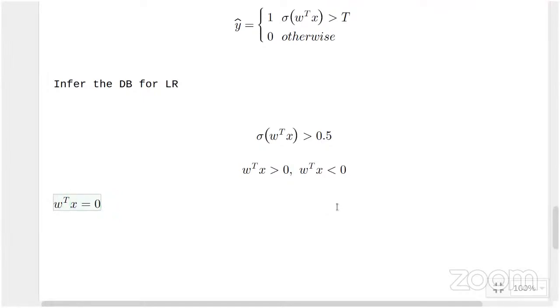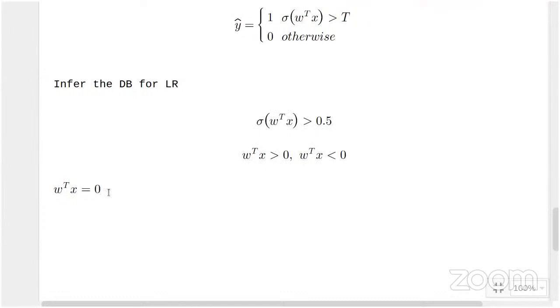It's a linear decision boundary, so logistic regression is also a linear model in some sense. One more thing: the points that are further from the decision boundary will have a higher probability.